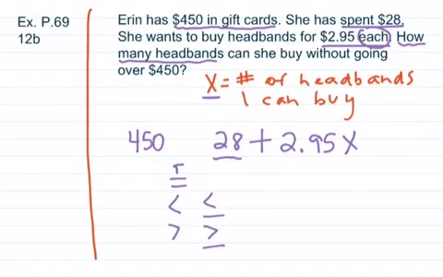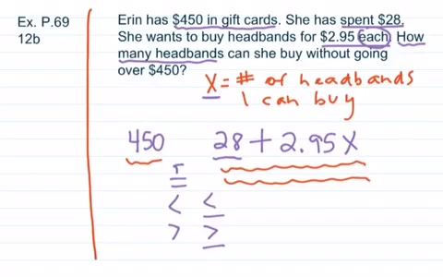Here's what I like to think about. $450 has to be the bigger number. If I spend more money over here and this is greater than the money I have, that's a problem. I'm going to have to be working in the clothing store. So my $450 has to be the biggest, so it has to be either more than or more than or equal to.